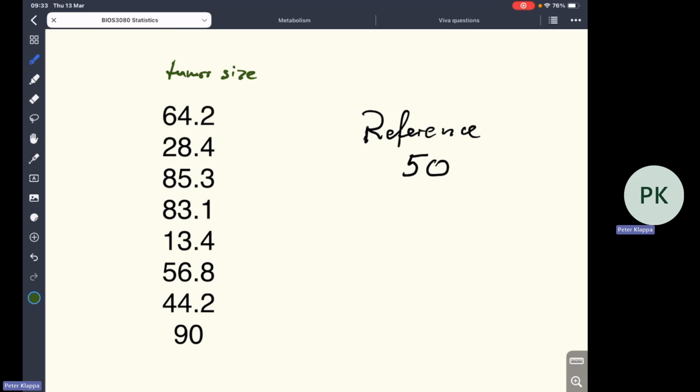So we don't have a second sample, but we know that the typical tumor is 50 micrometers.